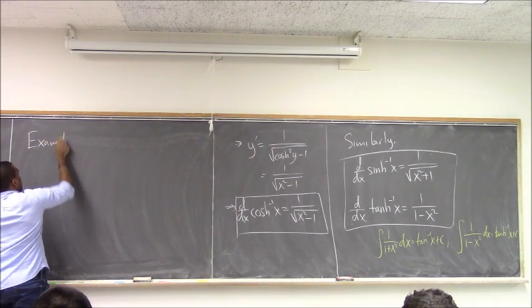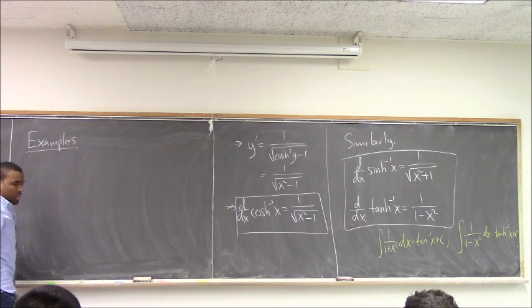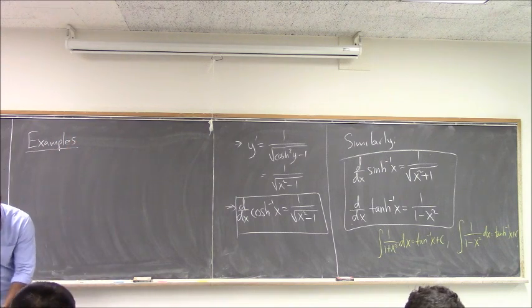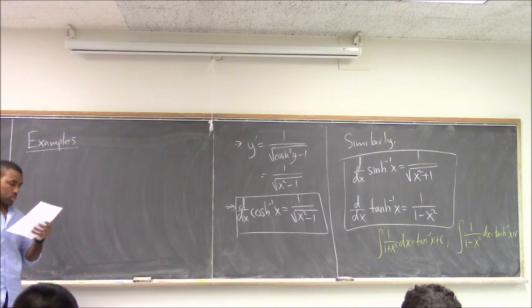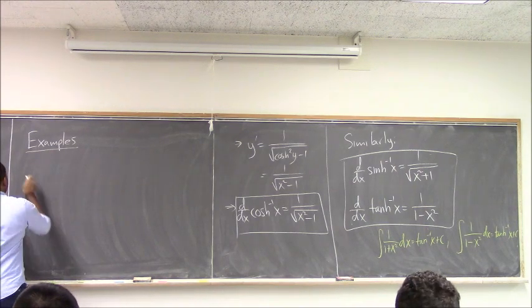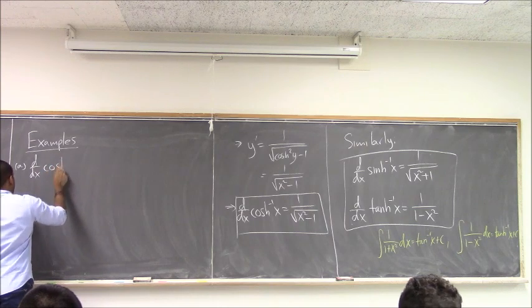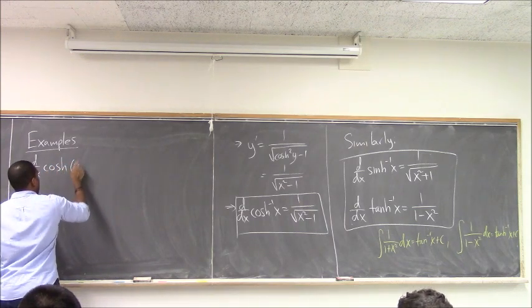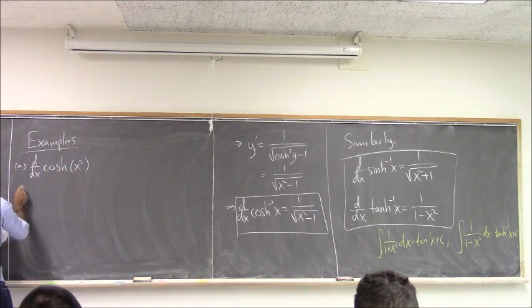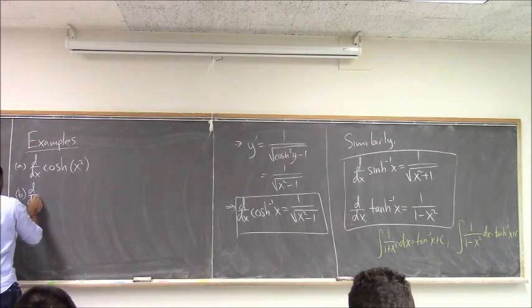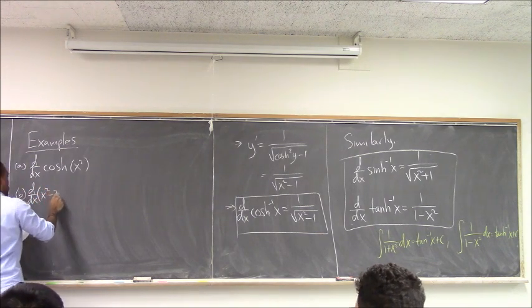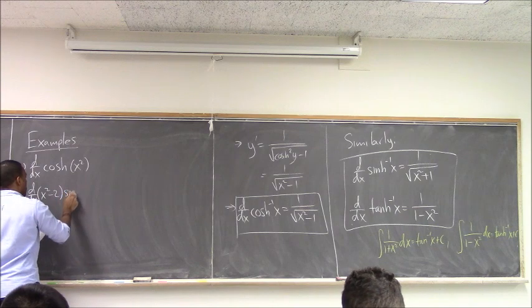I'll do some examples just to get you used to using the rules. They're not meant to be hard. And of course, check that you remember the product rule, the quotient rule, all that good stuff.